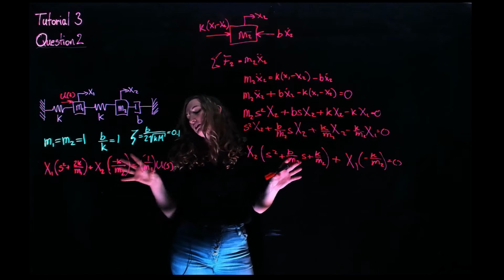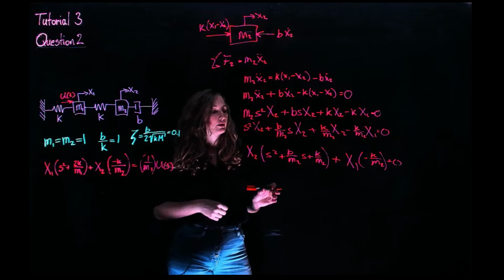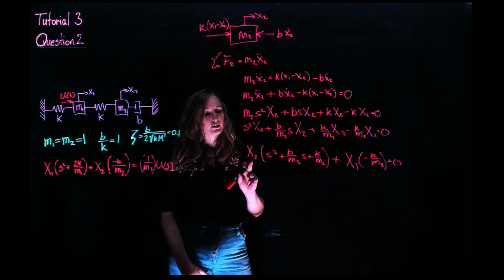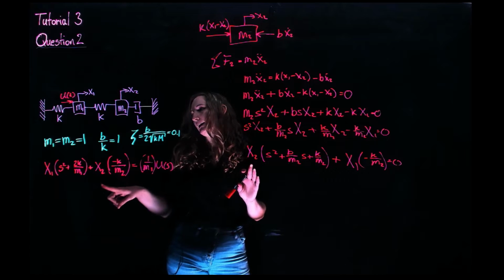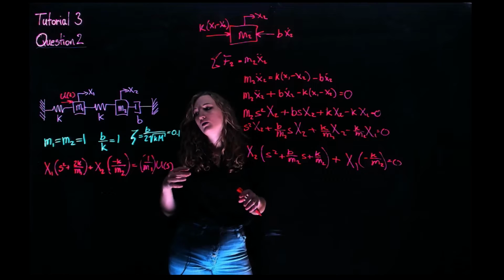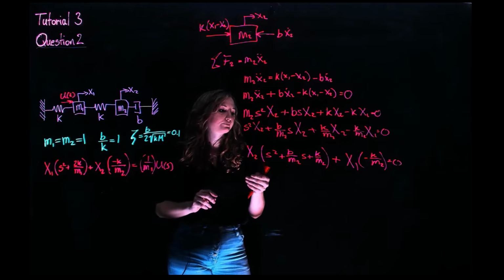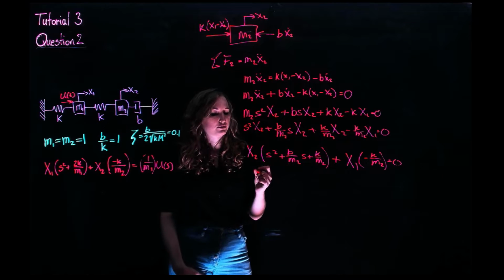Okay, so now we're at the same point we were with our first equation. The only difference is this time we want to rearrange this for x2 so that we can plug it in, since we'll want the transfer function of x1 over the input u of s. So rearranging this for x2.